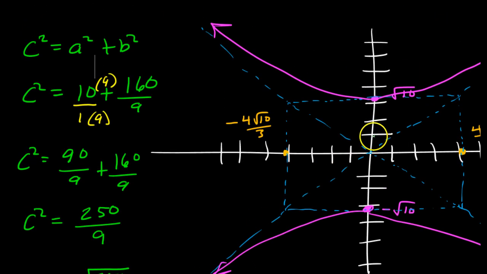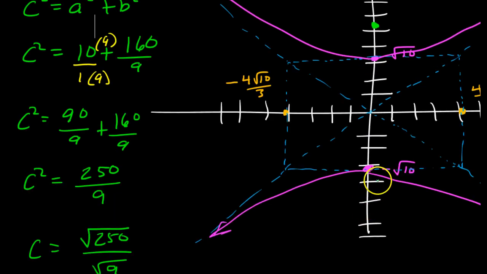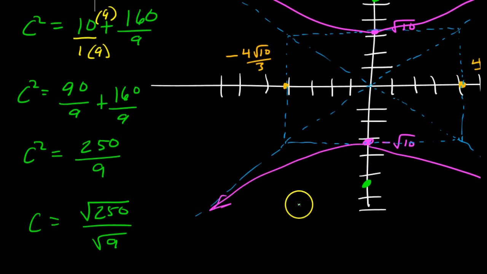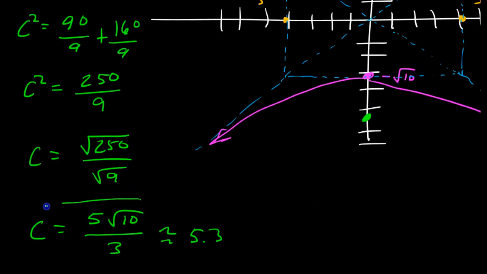Okay, so let's see. 1, 2, 3, 4. 5.3 would be about here. Okay, 1, 2, 3, 4. Okay, so these are my foci. Okay, but I have to use this value for the exact.